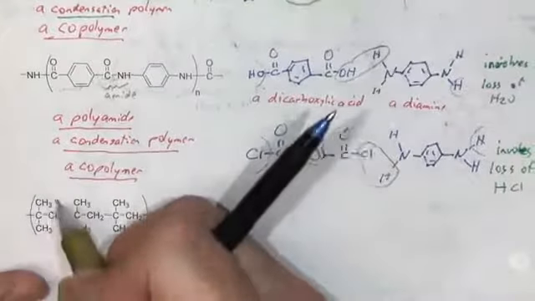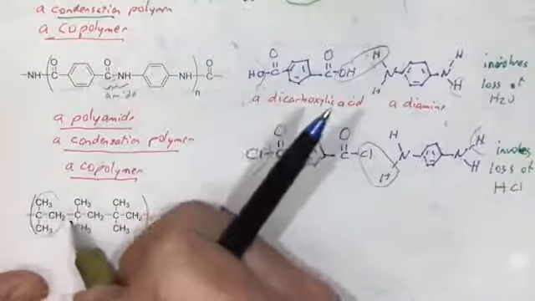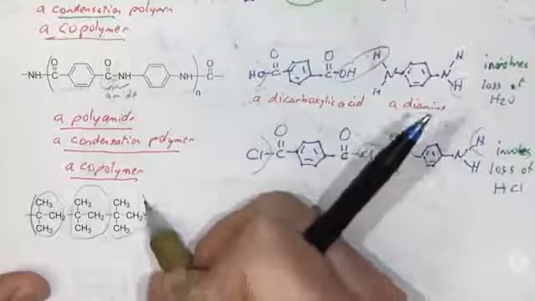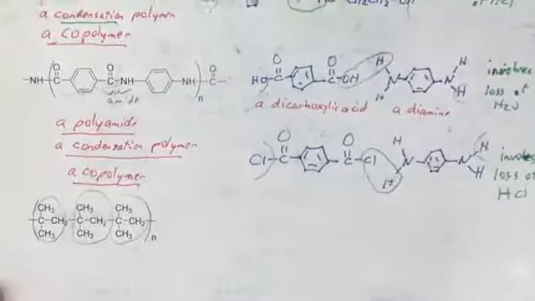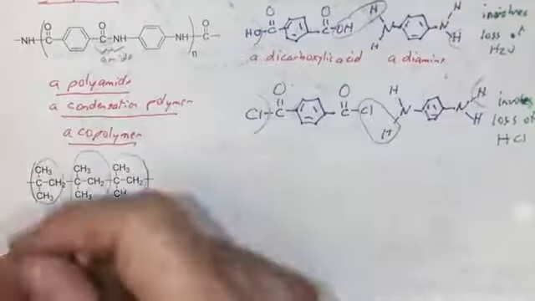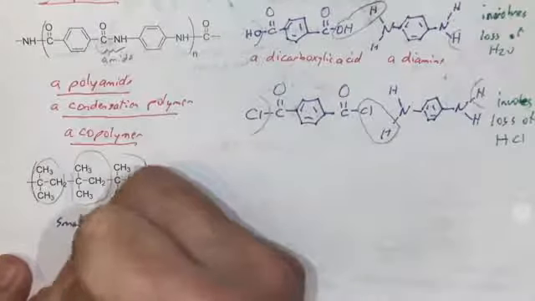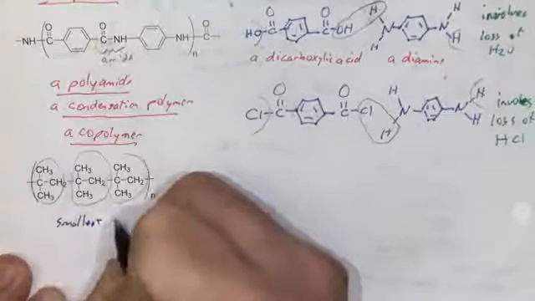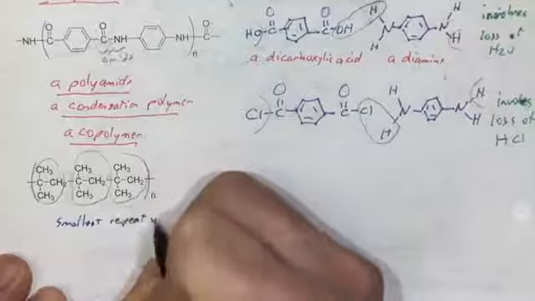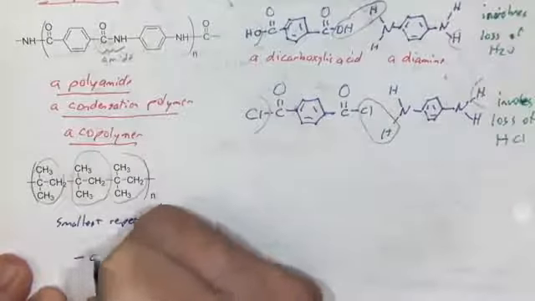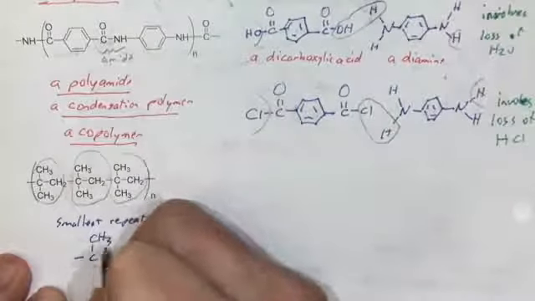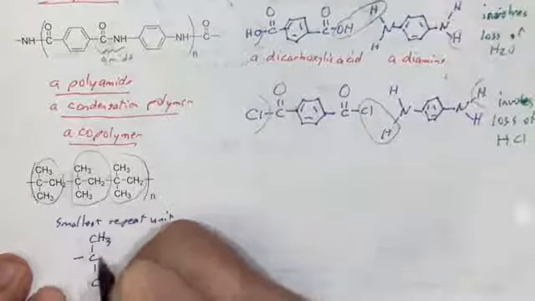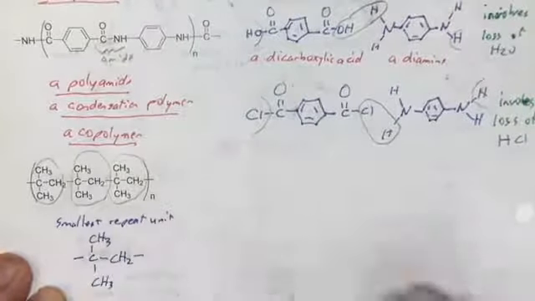And as I look at each repeat unit, this is a repeat unit, this is a repeat unit, this is a repeat unit. So if I were to draw the smallest repeat unit, it looks like this. A C with a CH3 here, a CH3 here, and a CH2 that's attached to something else.